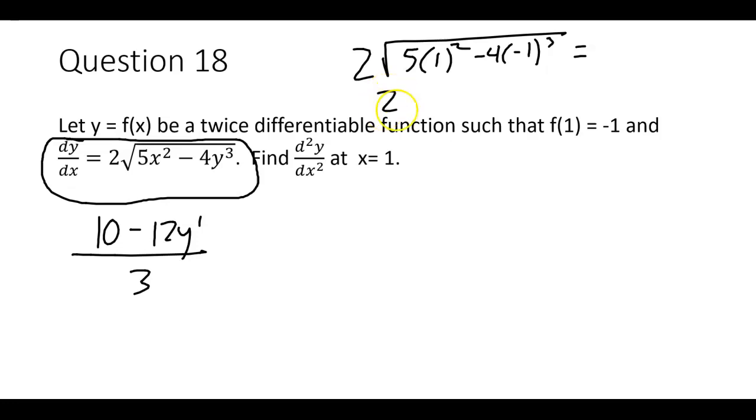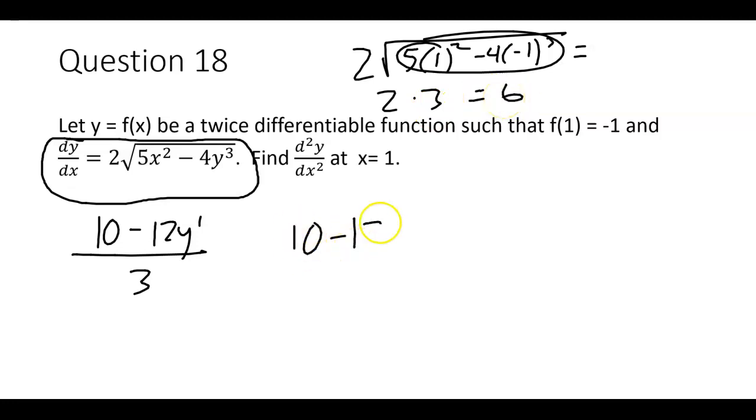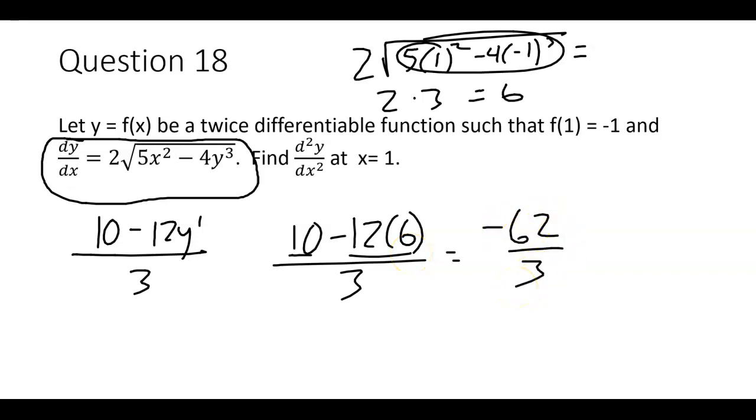So this is going to be 2, and this is 9, so the square root of 9 is 3, and so you get 6. So my y prime is 6. So we have 10 minus 72 is -62 over 3. And I don't think that reduces, so I think we're done.